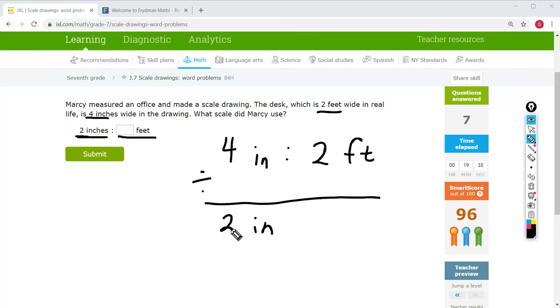And you could also have figured that out by doing this number divided by this number, 4 divided by 2, which gives you 2. Then divide the other side by 2. That will give us a 1 over here because 2 divided by 2 is 1. So we get 1 foot over there.